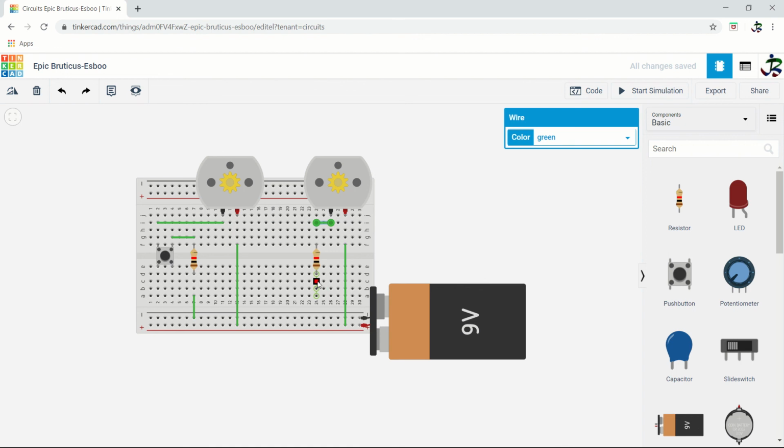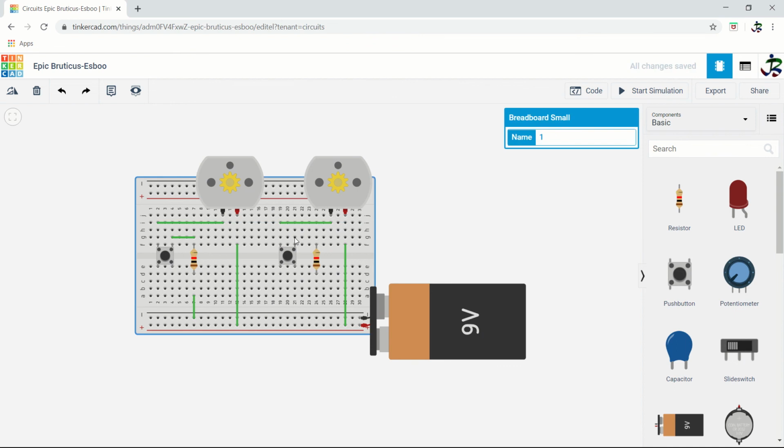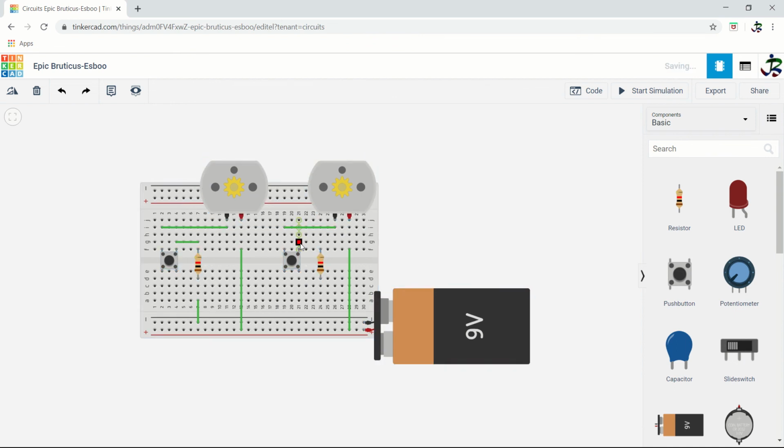If you want to use the push button also, take the push button so that your time will reduce. From this to the push button, from the second terminal of the push button you can go to the resistor, from resistor to ground. Simple circuit.